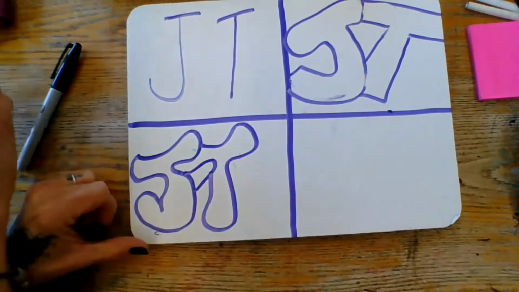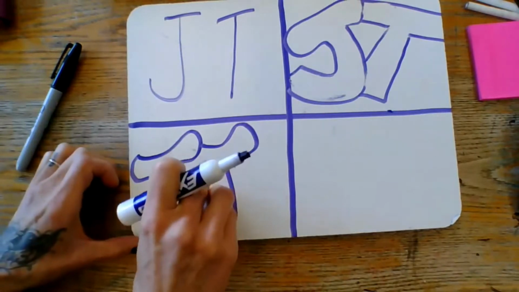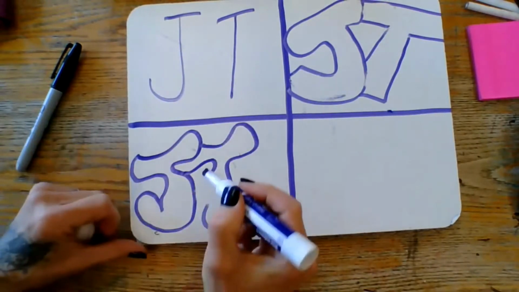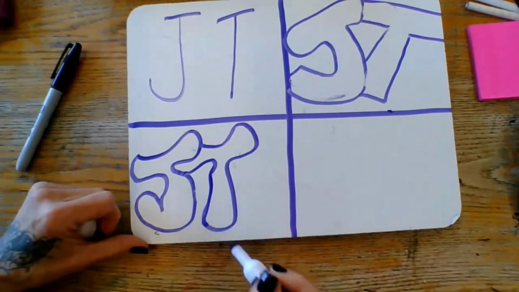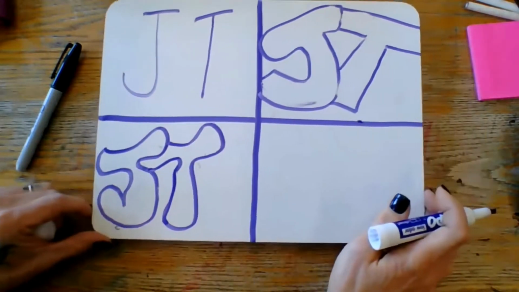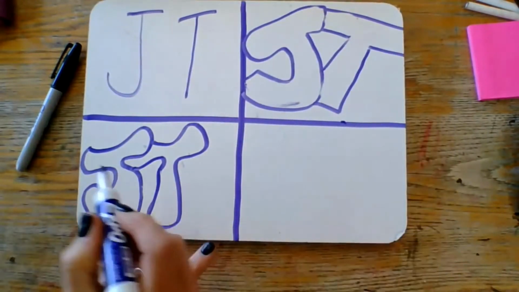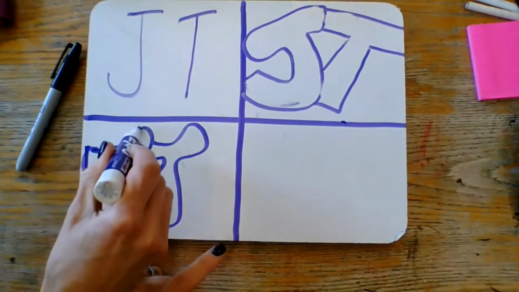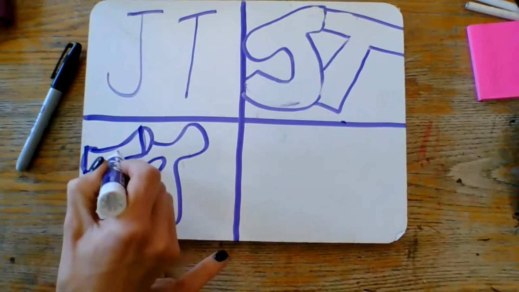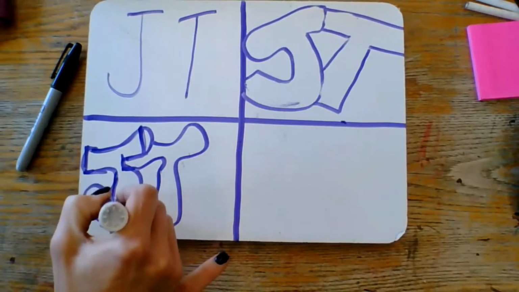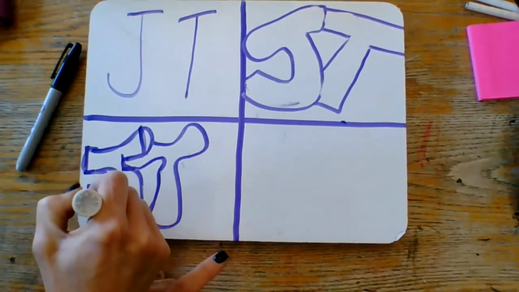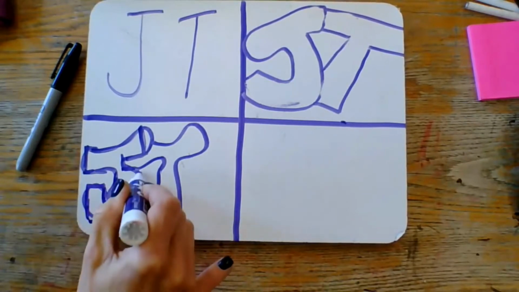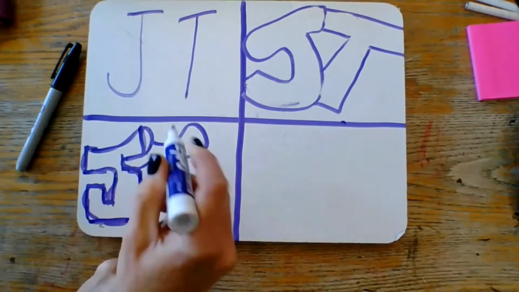And again, you go back and change whatever you don't like with your eraser. I can also make this straight edge, and I'll go over that with my dry erase marker to show you that it doesn't have to be rounded out, it can be straight edge.